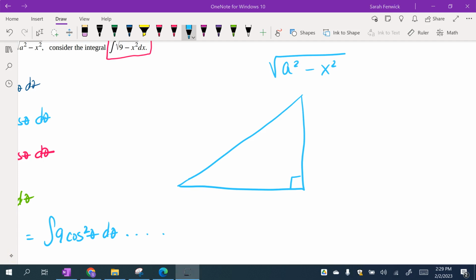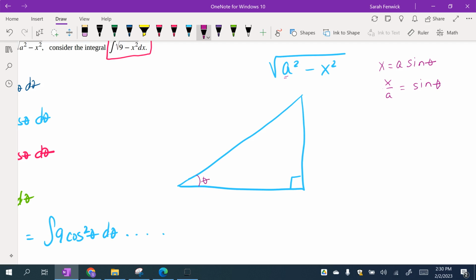So in our substitution earlier, we used x equals 3 sine theta. Well, that would really be the a that you took here. So this would be a sine theta. So if I divide, I have x over a equals sine theta.